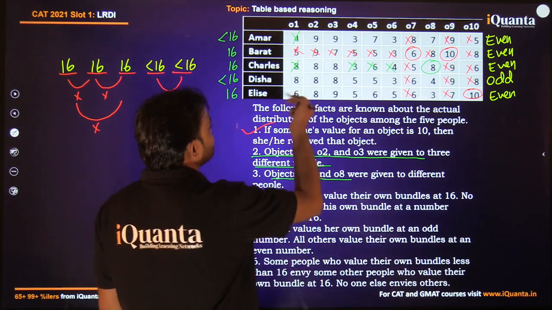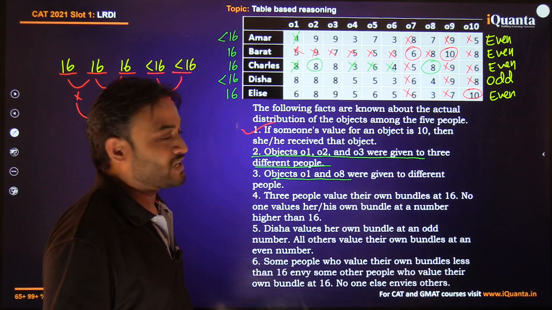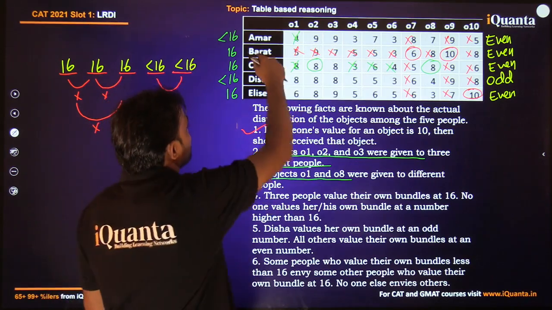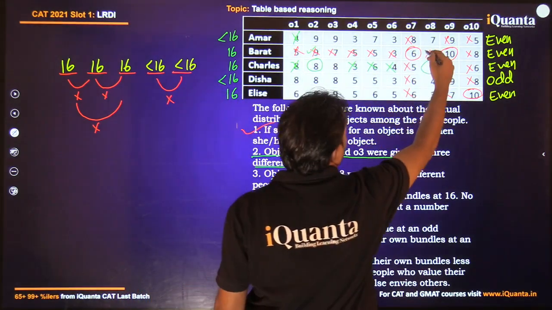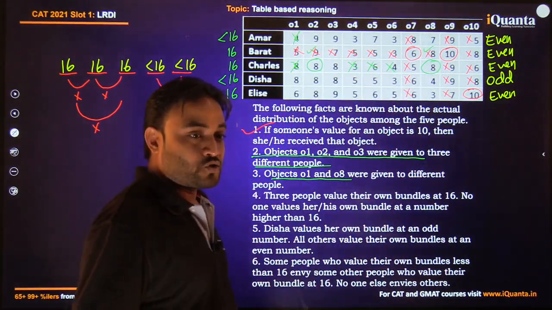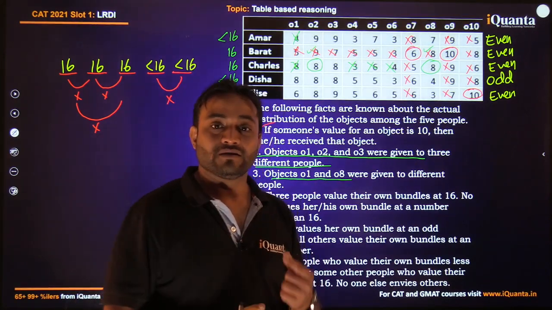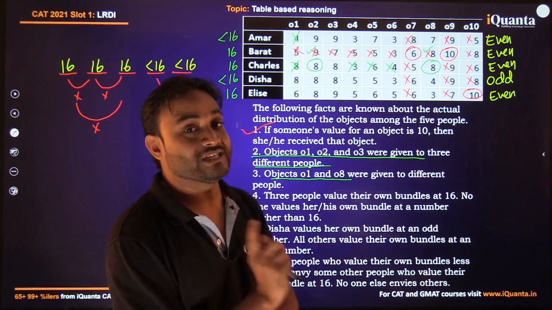Now let's say Charles received object 2. What happens? You can see Bharat values Charles's objects, object 2 and object 8, as 9 plus 8, 17. So Bharat values Charles's bundle more than his own value, which is 16.